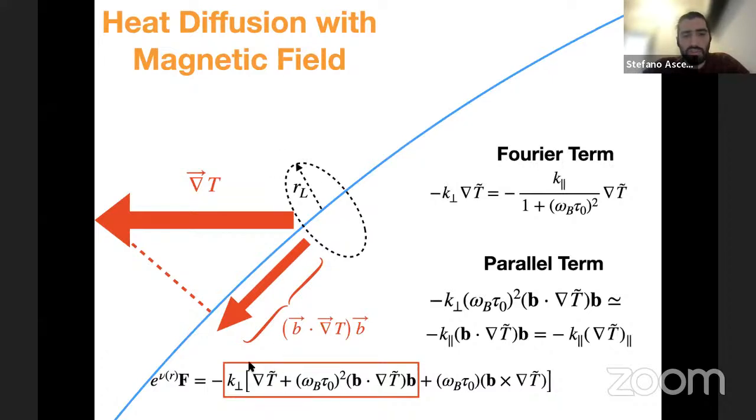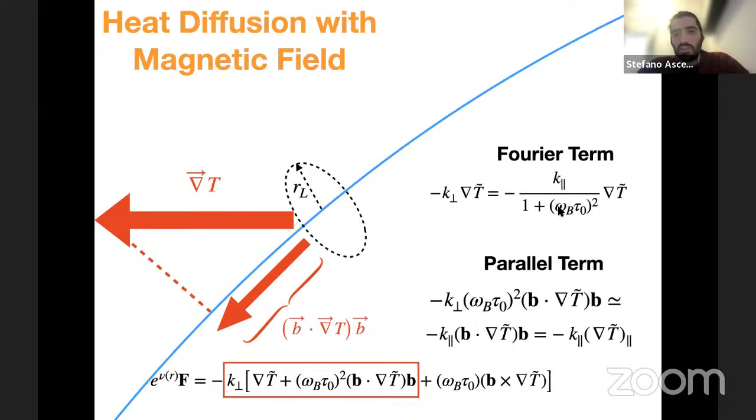In particular, the first term of this equation represents this orthogonal contribution to the heat conduction, and we see that it is suppressed by a factor omega b tau squared when omega b tau is much greater than 1. The second term represents simply the projection of the temperature gradient on the direction of the magnetic field. So this term basically recovers what happens in the isotropic case. In the direction of the magnetic field lines, we have the same condition as in the isotropic case.